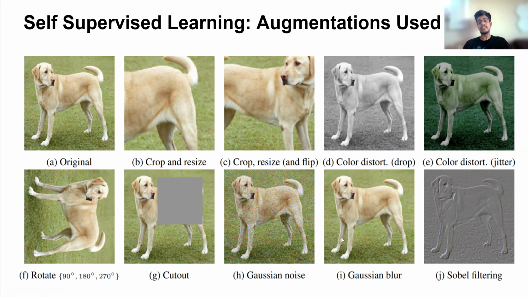And being invariant to Sobel filtering is interesting, but I'm not sure why you want that, but I guess you also want to be invariant to that. And to be invariant to all of this, you need to learn really good representations that capture all of these invariances. So by training this model in the contrastive learning setup, you're going to be invariant to all of these different augmentations. And that's the idea.